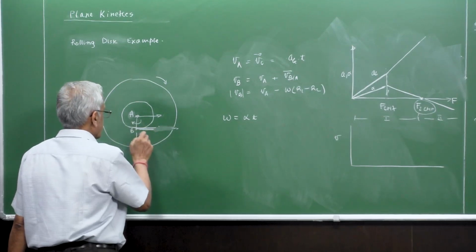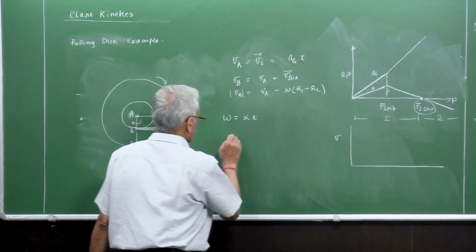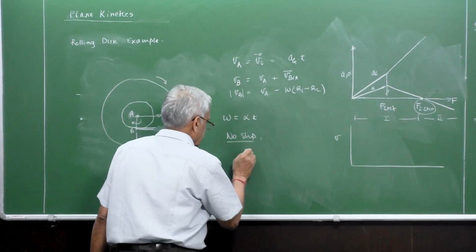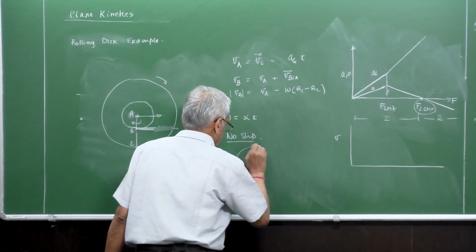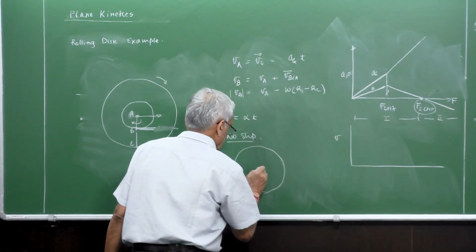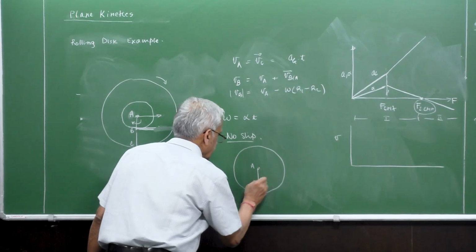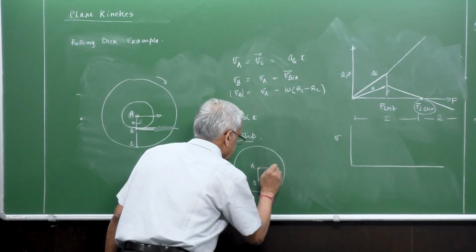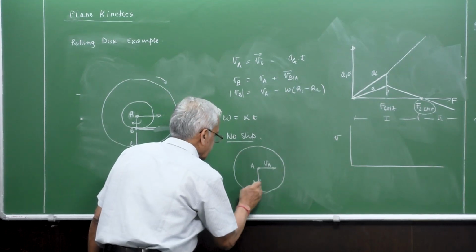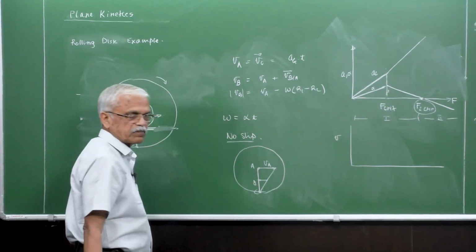what are the velocities of A and B? You have seen, if there is no slip, there is A here, there is a B here. If this is a velocity here, and we know that interestingly C is the instantaneous center for the no slip condition.